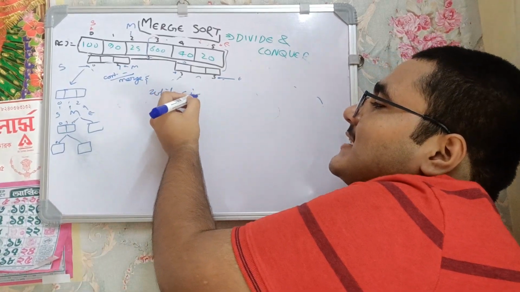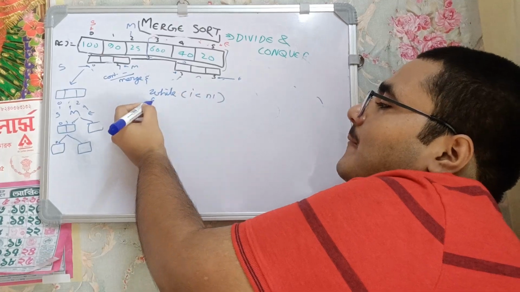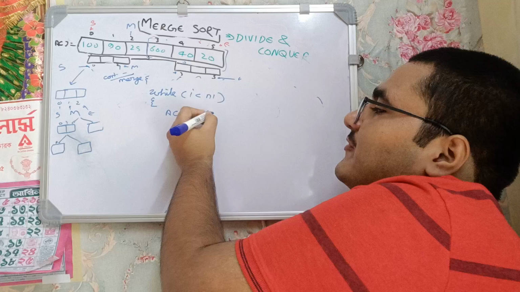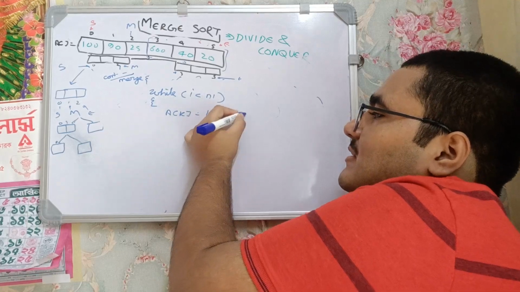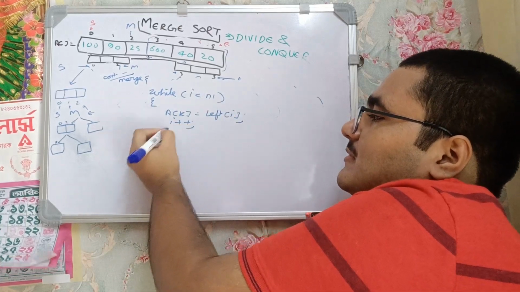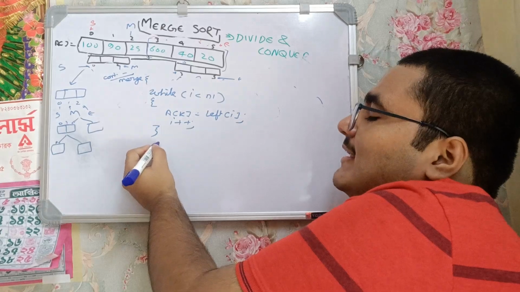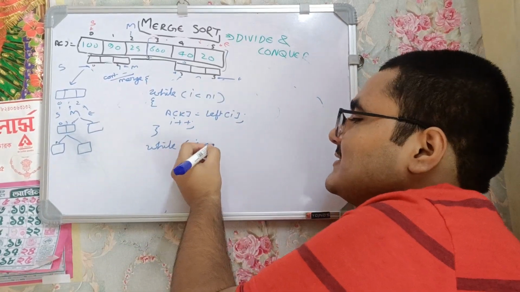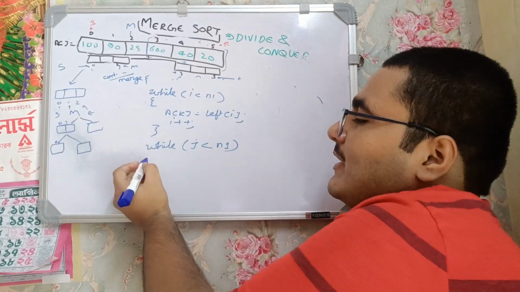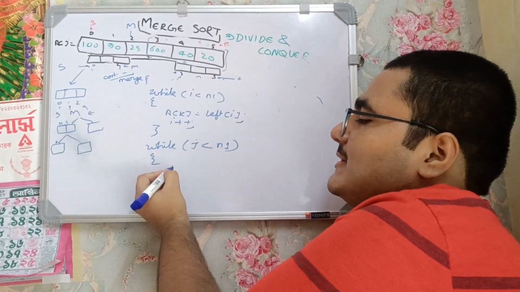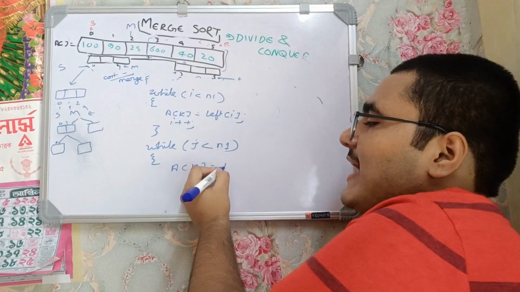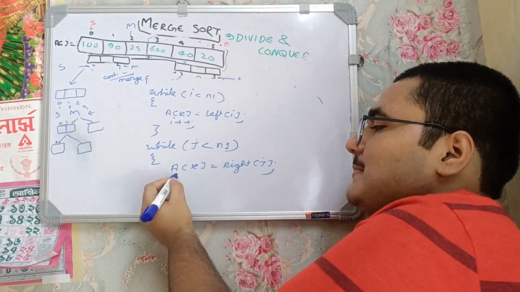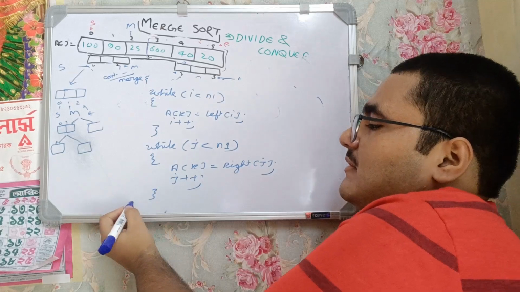So while i less than n1, A of k is equal to left of i plus plus. Fine. While again, if the right array has remaining elements, then A of k is equal to right of j and then j plus plus.